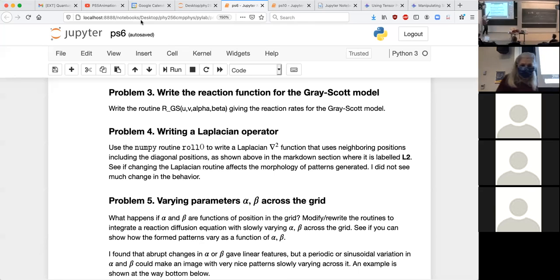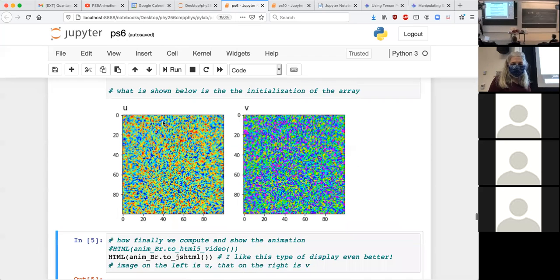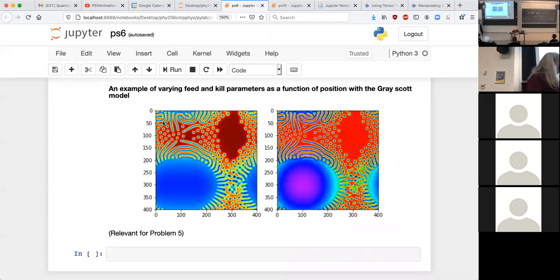All right, so that's the next thing. Then the last thing that I asked you to do is to make a picture that looks kind of like this. When you look at the model, it has these parameters, and I described them as alpha and beta arbitrarily, labels for feed and kill for the reaction models. What I tried to do here is make a bigger grid, with alpha varying horizontally and beta varying vertically.